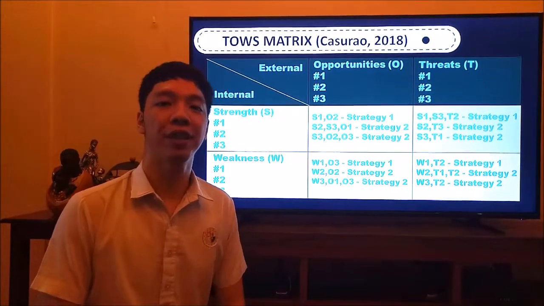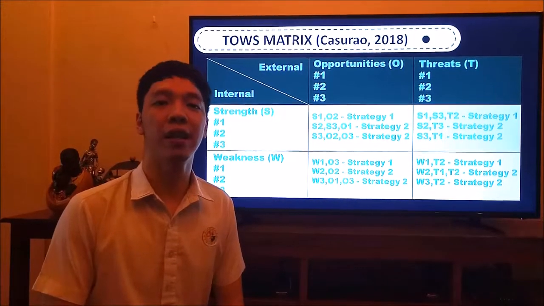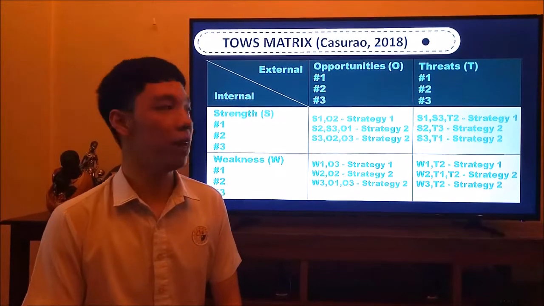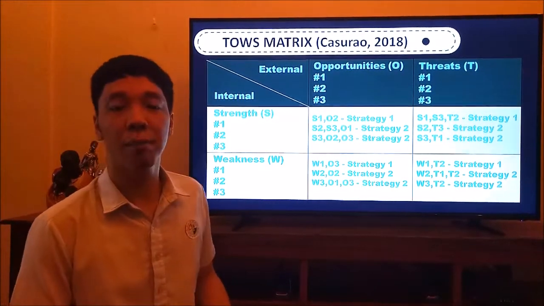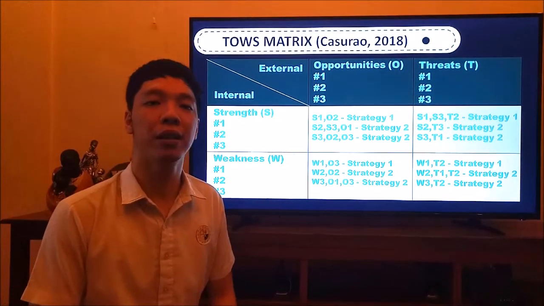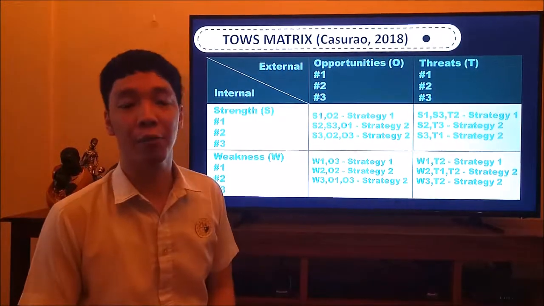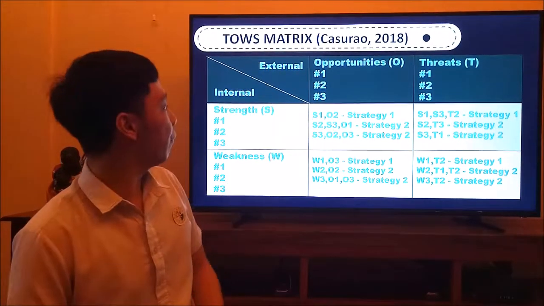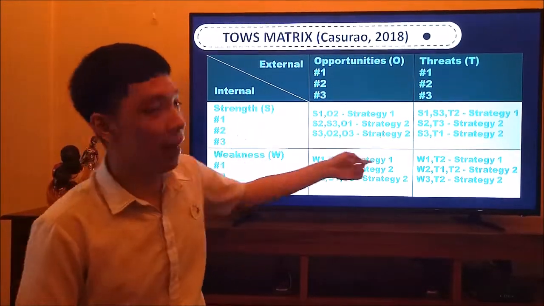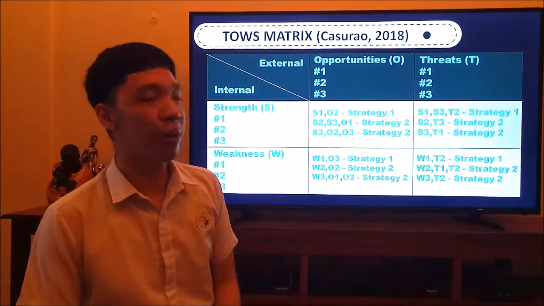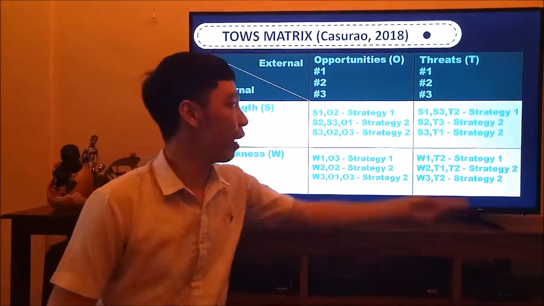This is the proper presentation of the TOWS matrix in an actual strategic financial plan. Since my topic is about the Maxi-Mini strategy and the Mini-Maxi strategy, the Maxi-Mini strategy is located here. Again, as per Dr. Kasurao, we have to list the identified strengths and threats, and then create a strategy and put it here.